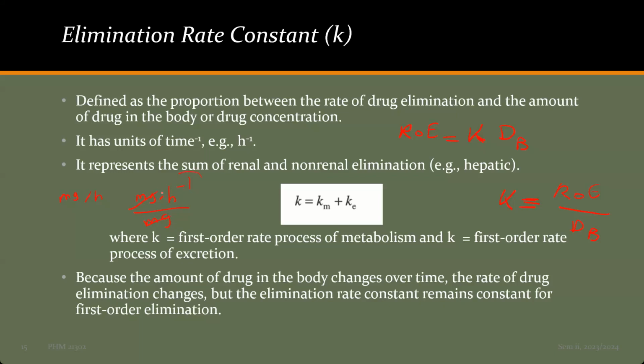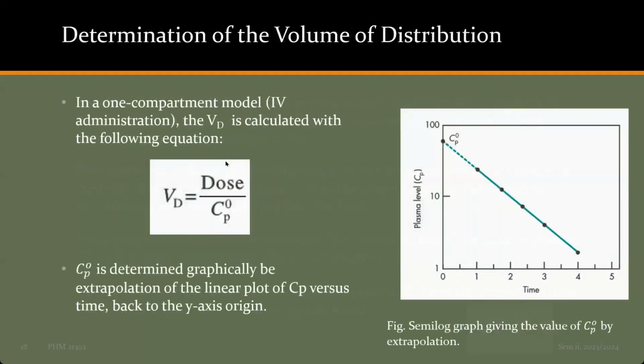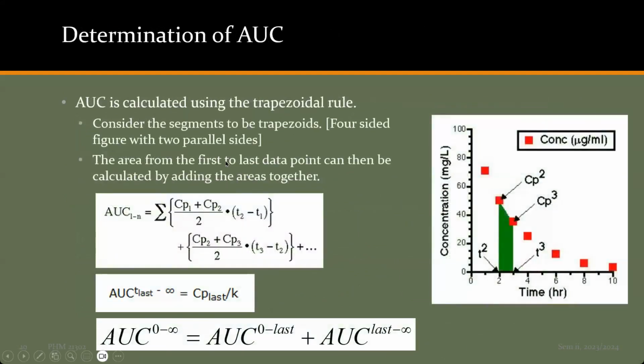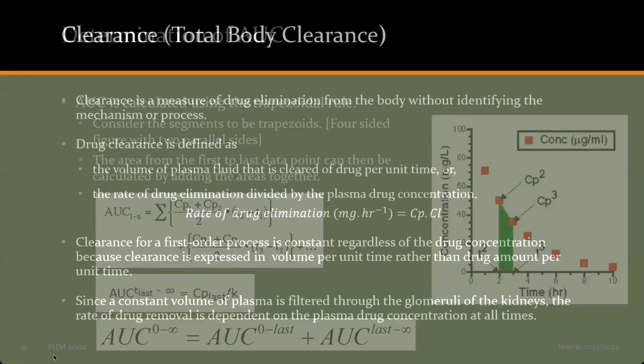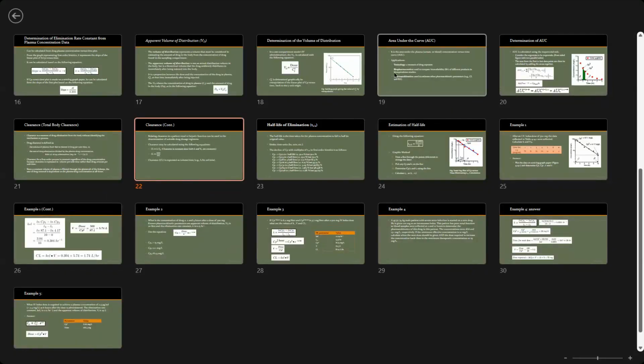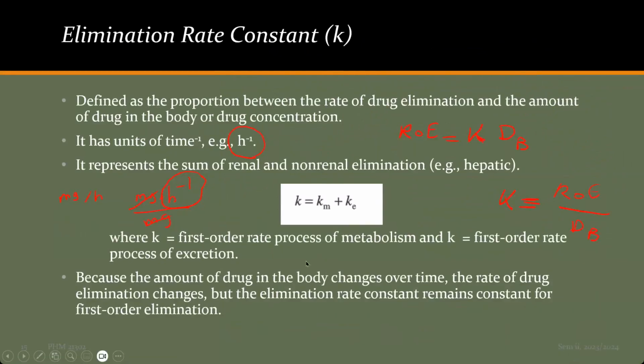So the unit remaining for the elimination rate constant is time to the power minus 1, hour to the power minus 1. Okay?